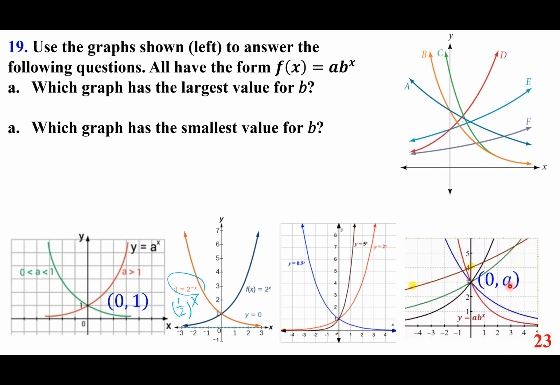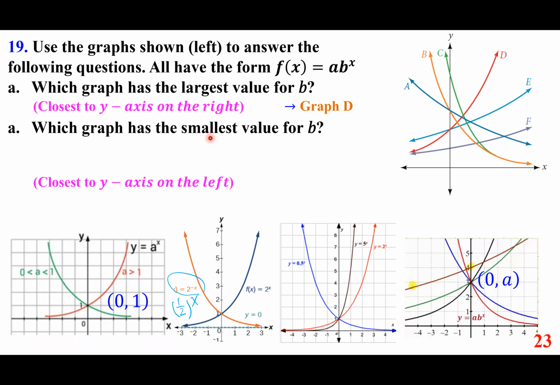So in this case, which one has the largest value of the base? The one closest to the y-axis on the right side, and that's the D graph. Which one has the smallest one? The one which is the furthest.